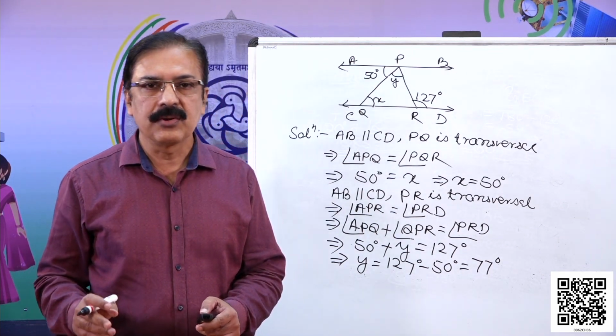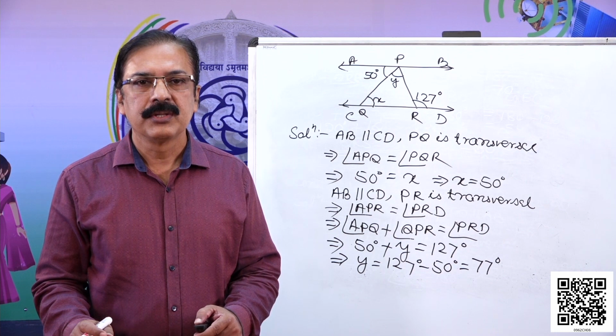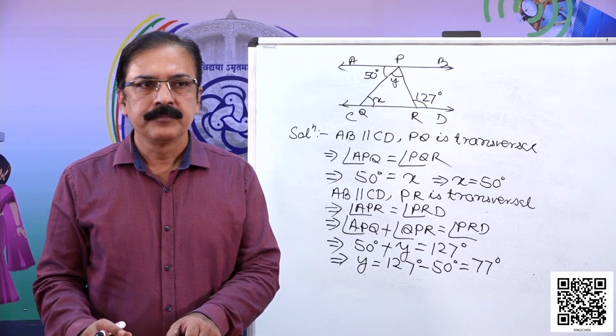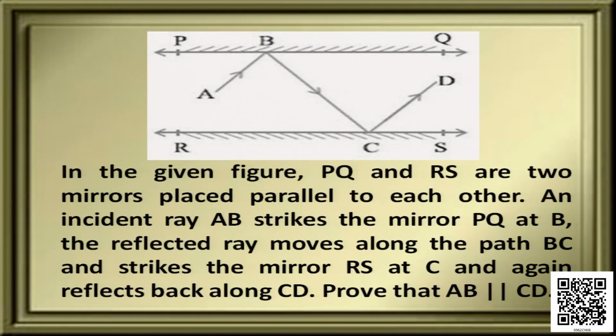So this is also an application of those theorems. Now see another question. The question is like this. In the given figure, PQ and RS are two mirrors placed parallel to each other. An incident ray AB strikes the mirror PQ at B. The reflected ray moves along the path BC.